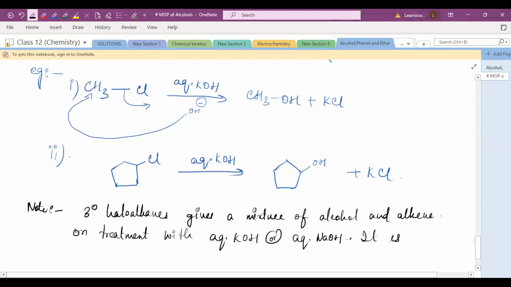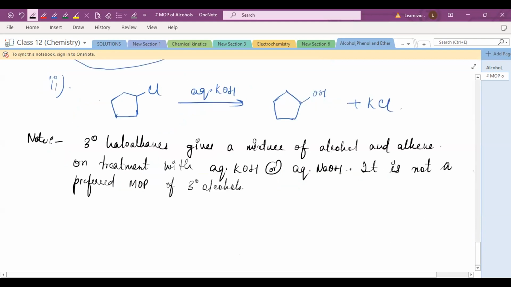So it is not preferred. That's why we don't prefer tertiary haloalkanes for the manufacture or for preparing tertiary alcohols.